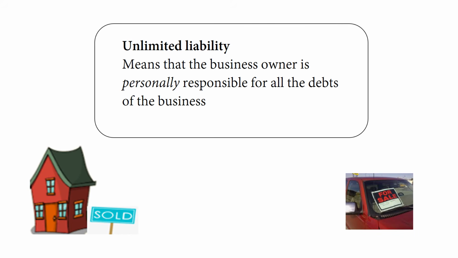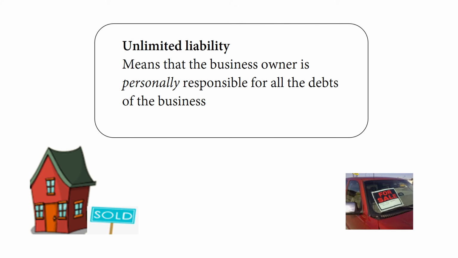This is because the owner and the business are seen as the same legal identity. This is risky, as the owners may have to sell their personal possessions, such as their house and their cars, in order to pay for any losses from the business.